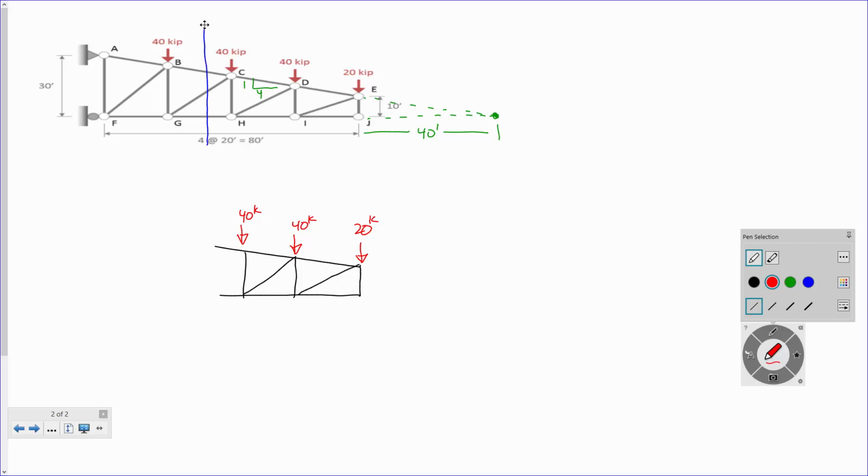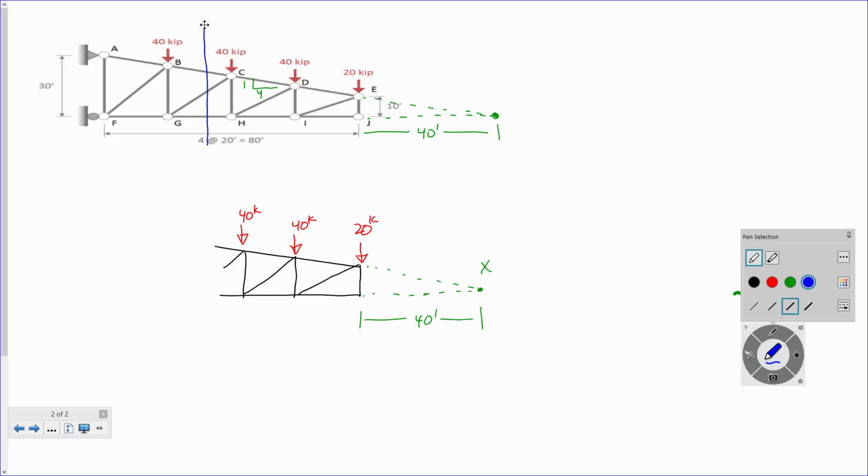Okay. And then I've got my point out here in space. We'll call it point X, whatever. This dimension is 40 feet. Just to have that there.